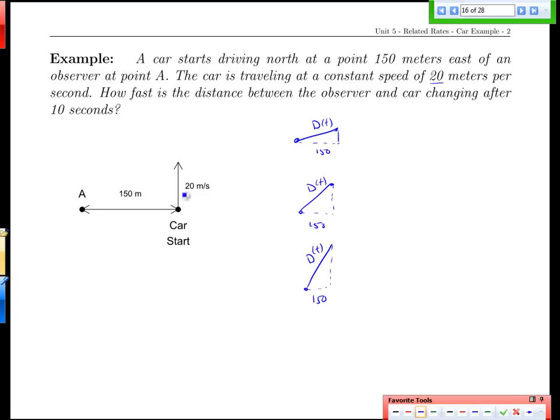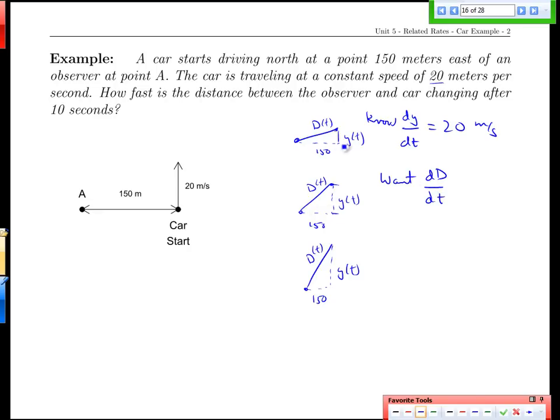In this particular case, it might help if we introduced another variable here, which would be the length of this side. We'll call it y of t, because it's sort of like a y coordinate. What we know is that dy/dt is equal to 20 meters per second. What we want is the rate of change of this distance here with respect to time.